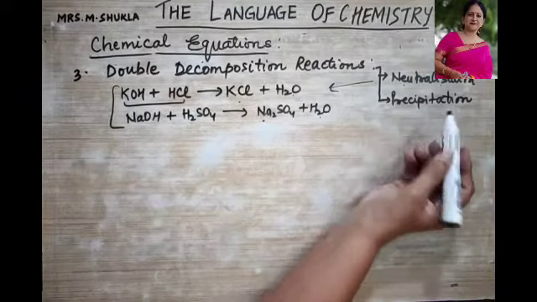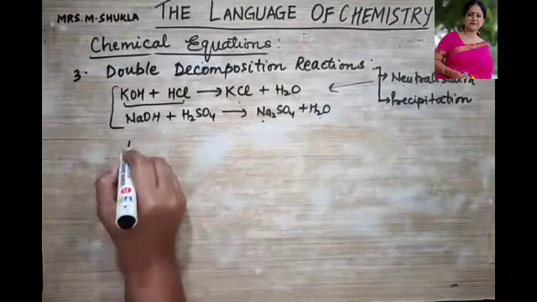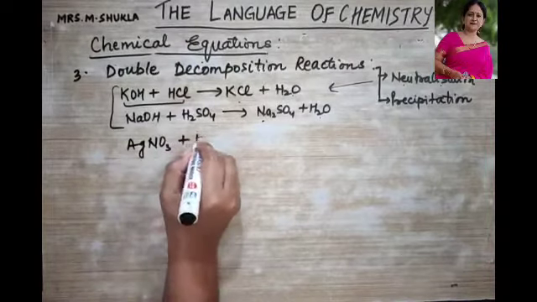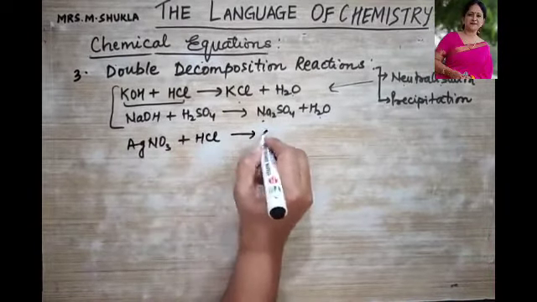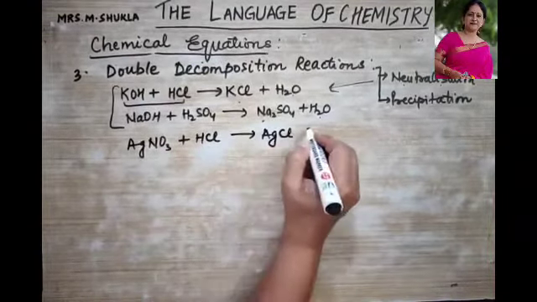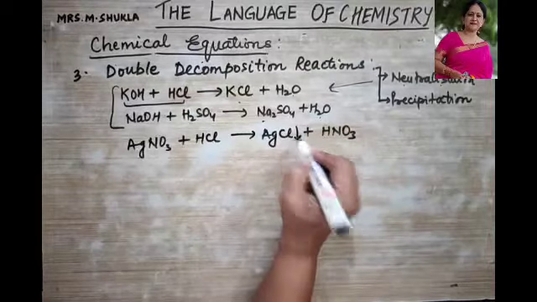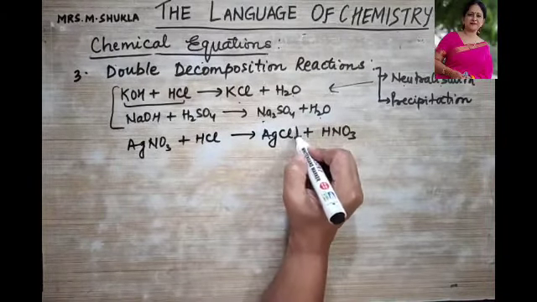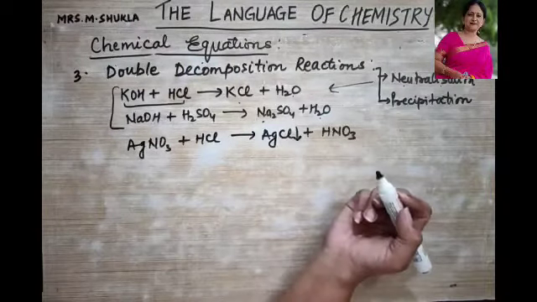Now let me tell you what precipitation reactions are. AgNO3 when treated with HCl will form AgCl plus HNO3. Here AgCl is your precipitate, and precipitates are always shown with a downward arrow.